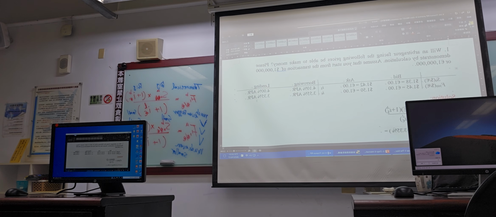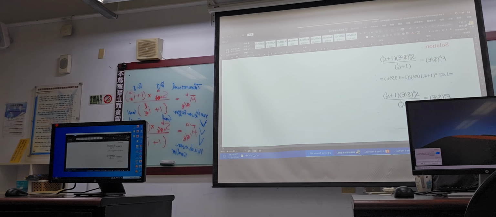The US dollar lending rate is 4%. Divided by 1 plus euros borrowing rate.